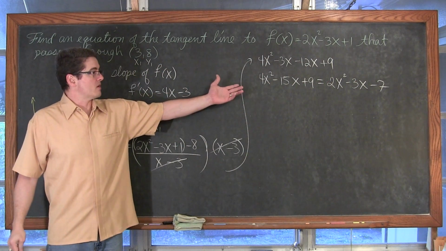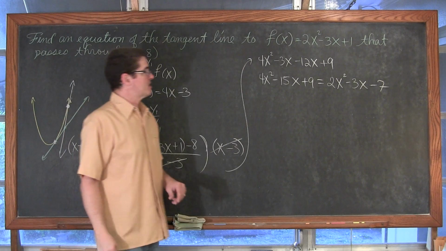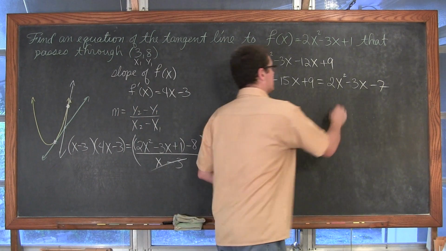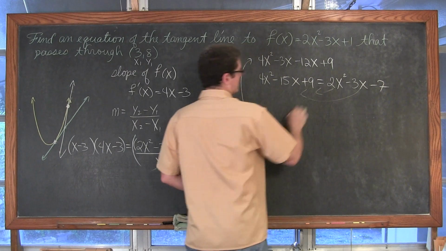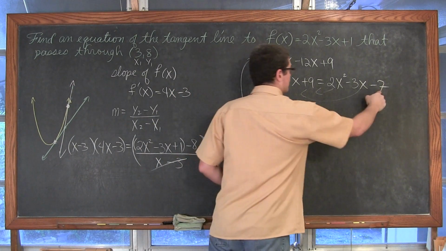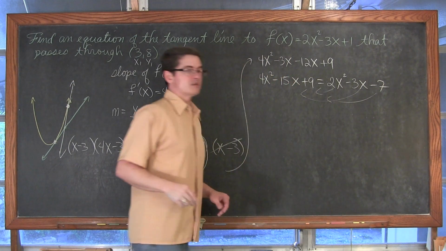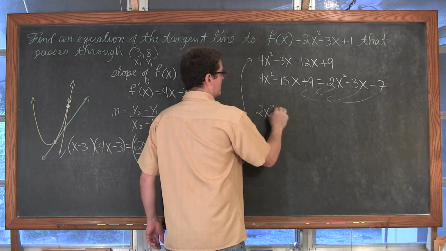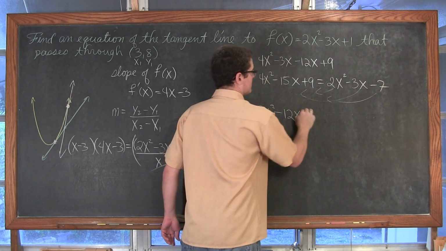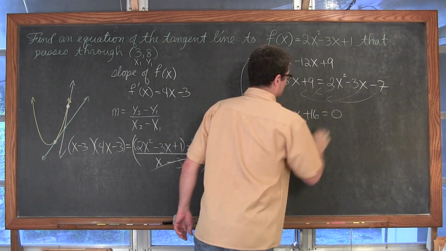We have a quadratic here coming up. We're going to have to get this set equal to 0, so I'm going to bring the negative 2x over with subtraction. We're going to bring the negative 3 over with addition, and we're of course going to bring the 7 over with addition as well, doing the opposite math operations, and we get 2x squared minus 12x plus 16 is equal to 0.